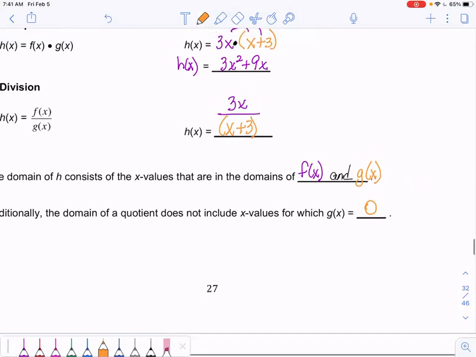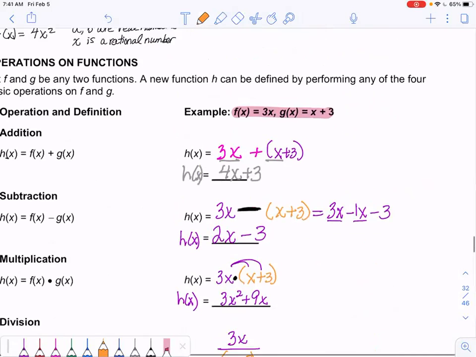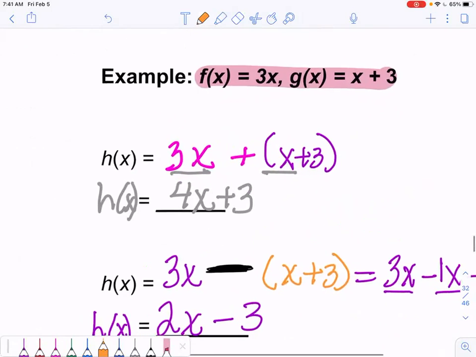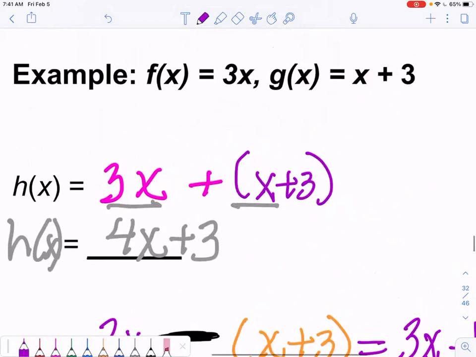So before we move to the next page, we're going to go back up and look at our original two functions. And I want you to state the domain of the original two functions. So my first function is 3x. What's the domain of f of x equals 3x?